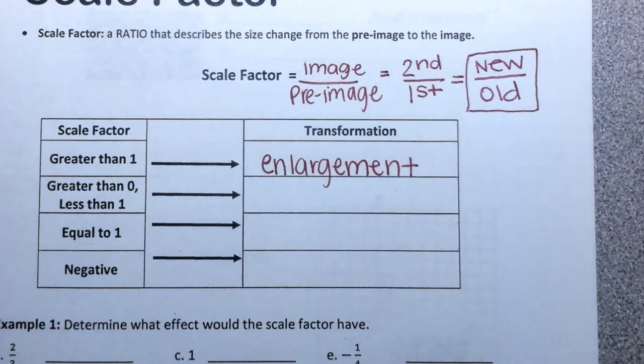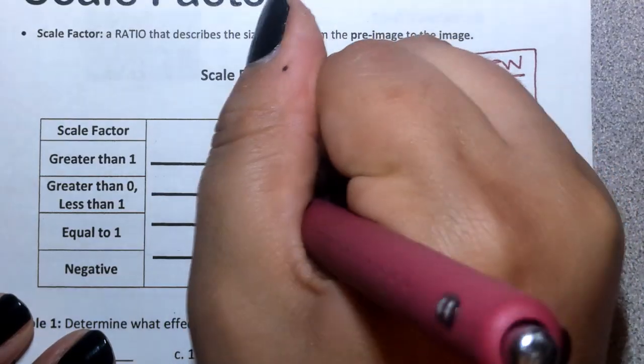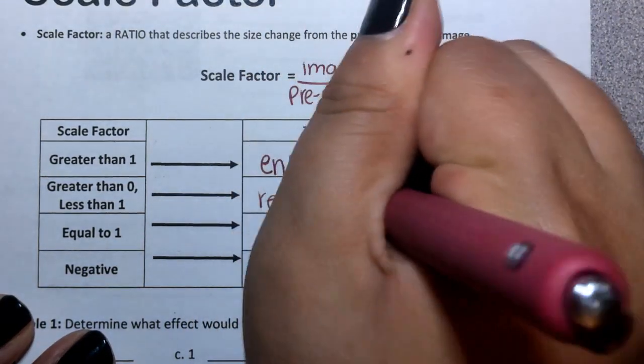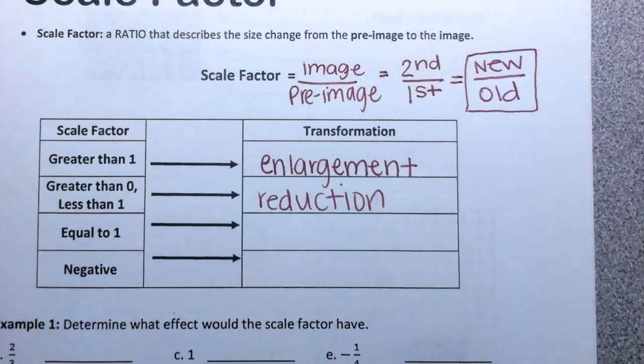What if I have a scale factor that's bigger than 0 but less than 1? Like 1/2, 1/4, 1/32. It will shrink or reduce. It will be a reduction. You can put shrink. I have no problem with shrink. I have no problem with gets bigger.